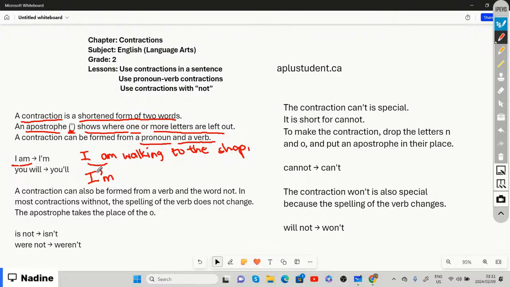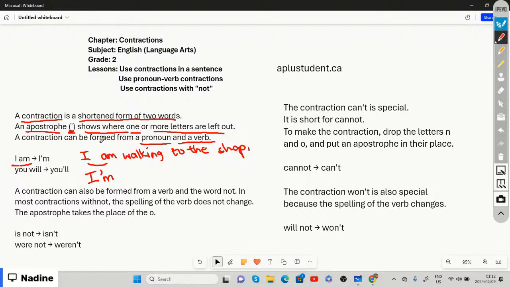That is why we say a contraction is a shortened form of two words. We had the two words I am, and we've shortened them to I'm. We left out the A, and since we left out the A, we put an apostrophe in its place.